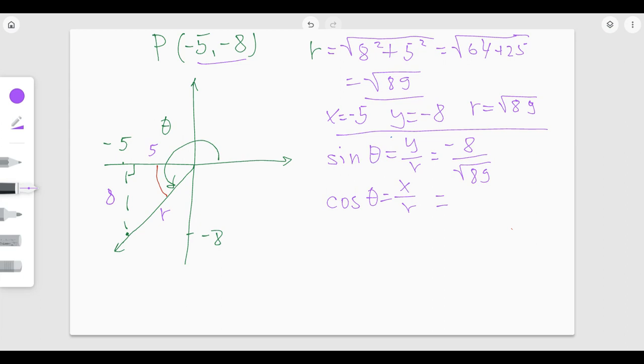So it becomes -5 over the square root of 89. Tangent theta is y over x, which is -8 over -5. So negative over negative becomes positive. So it's 8 over 5.